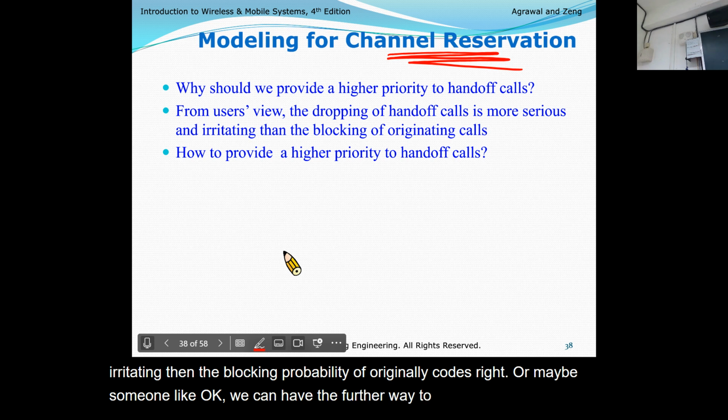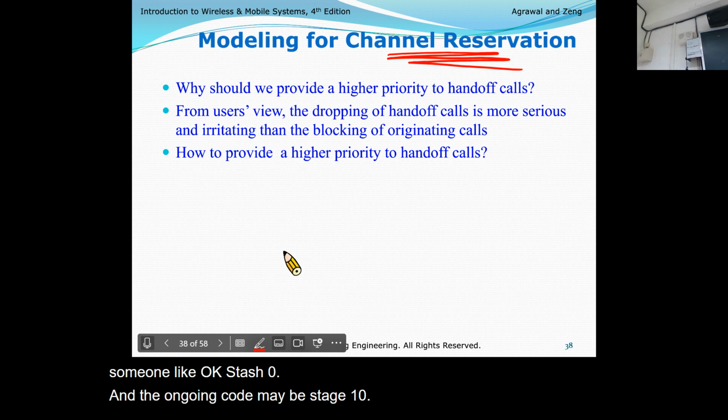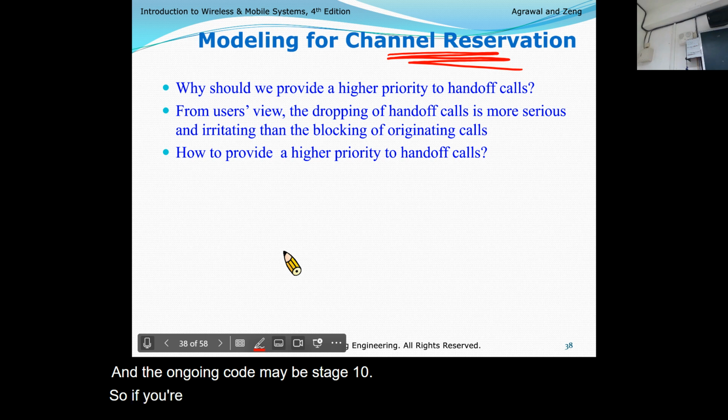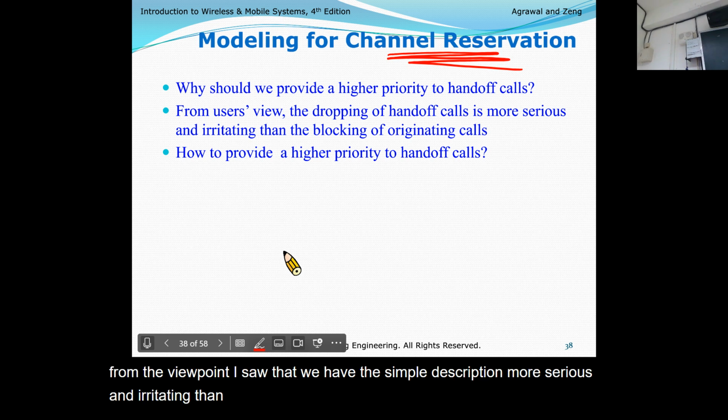The originating code is at stage 0, and the ongoing code maybe at stage 10. If you allow a person to fail at stage 10, it is so bad. So from this viewpoint, the simple description is more serious and irritating than the blocking of originating code. So we should have a higher priority.